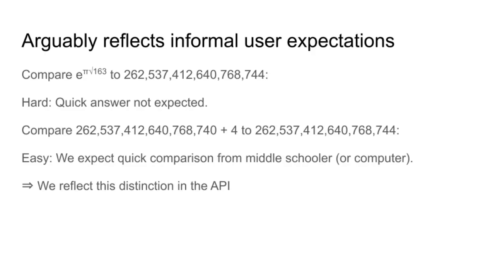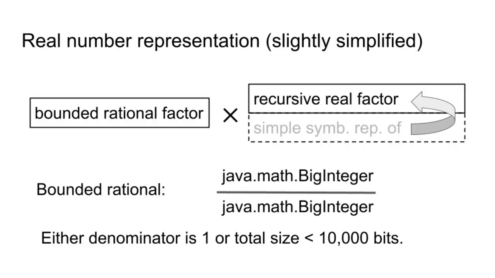In order to support this, we use a slightly augmented representation of the recursive reals, which is based on a standard recursive reals implementation. Each real number is represented as a bounded rational times a recursive real. Whenever we can, we store not only the recursive real factor using its usual representation, but we also store a symbolic representation.